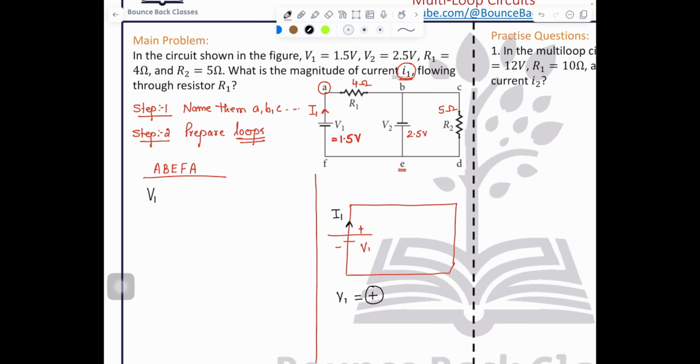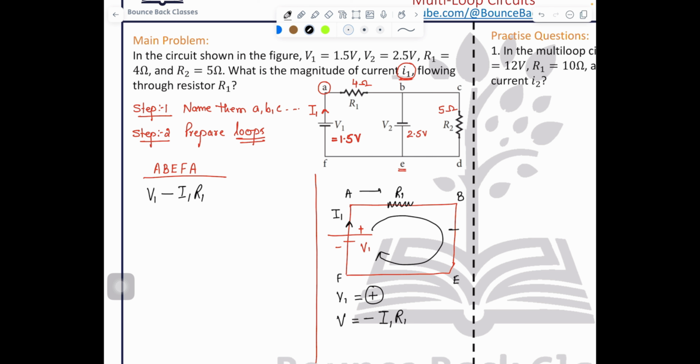Now you have a resistance here. What is my loop? A, B, E, F. So this resistance is under my loop. So here should be the voltage, and it should be minus I1 R1 because the resistance is R1. Clear?